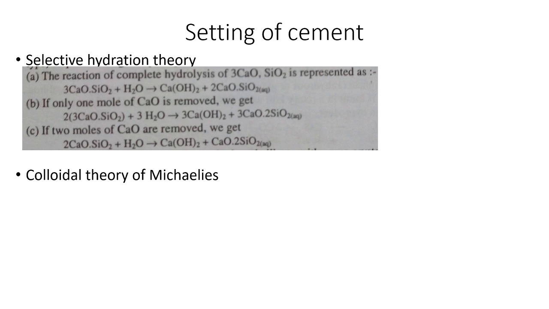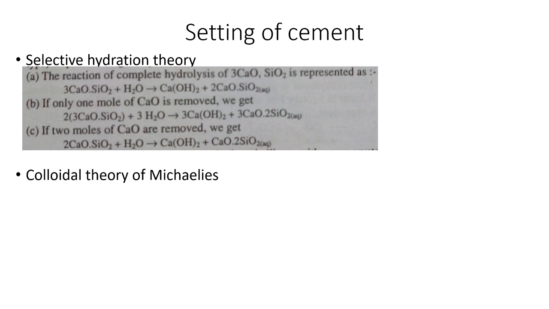Electron microscope study reveals the presence of a fibrous mass of calcium hydroxide, rhombic slabs of hydrated dicalcium silicate, and hexagonal plates and needles of hydrated tricalcium compounds. So these are the formations of fibrous calcium hydroxide, rhombic slabs of dicalcium silicate, hexagonal plates, and needles, detected by electron microscope studies.